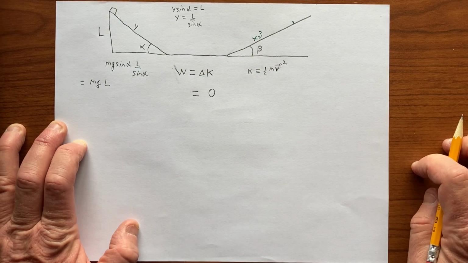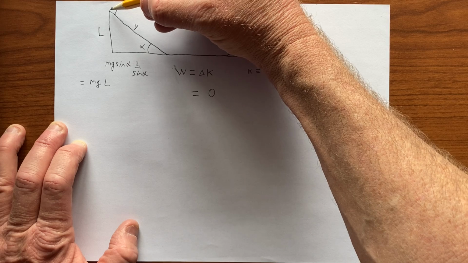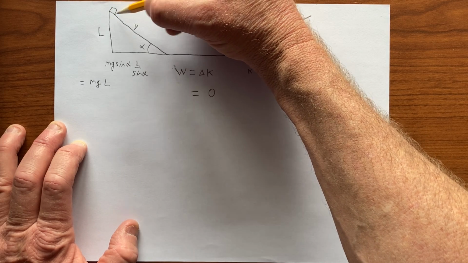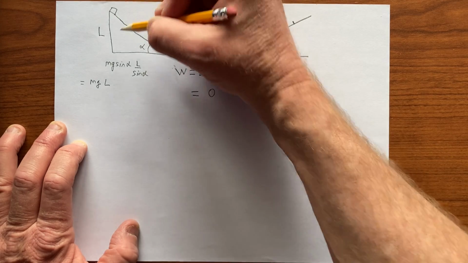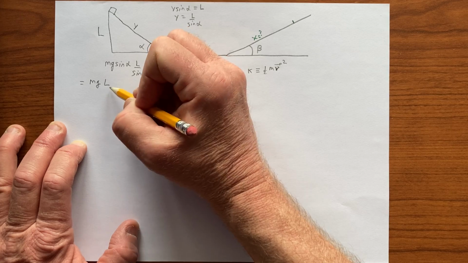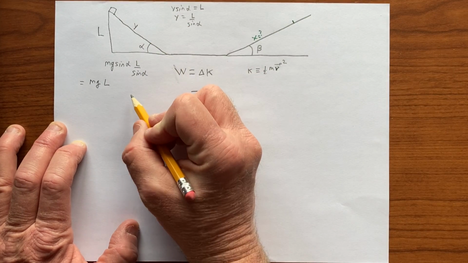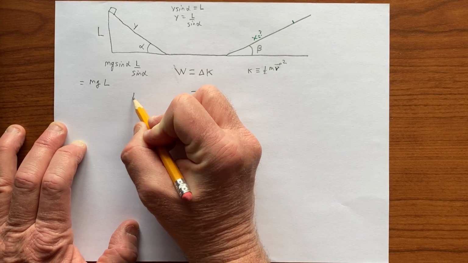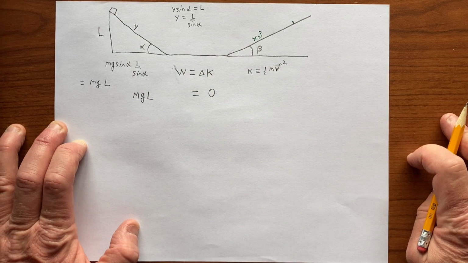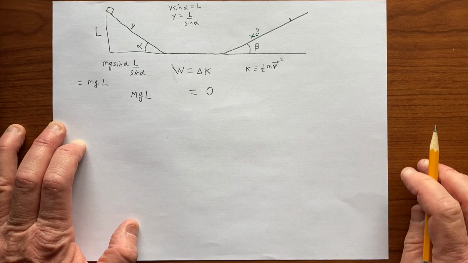So notice that when it comes to gravity, it doesn't matter that the object is moving partly horizontally in this path. All that matters is the vertical displacement. So it's just gravity times the vertical displacement. And so we have the work as mgL. Of course, we don't know what m is, so that's an unknown quantity.